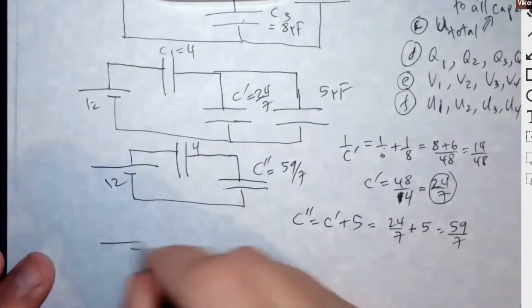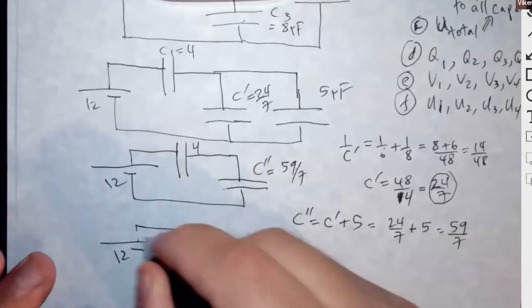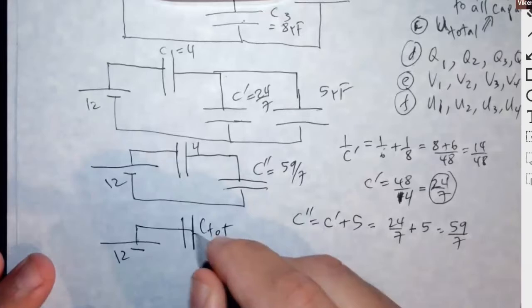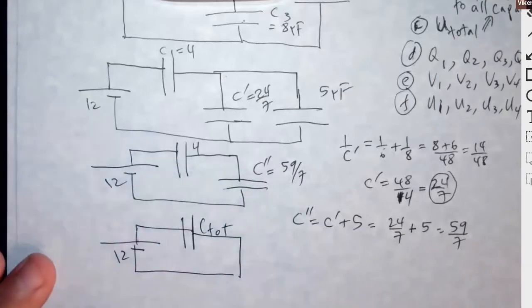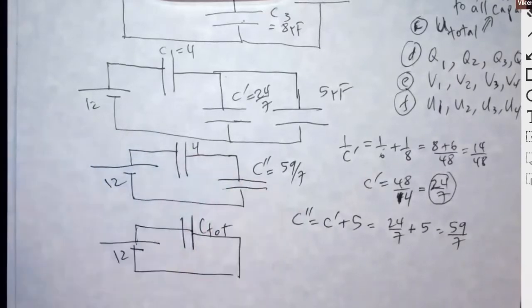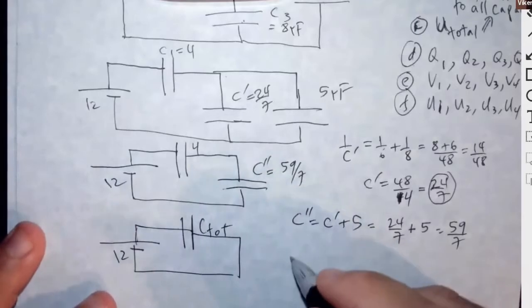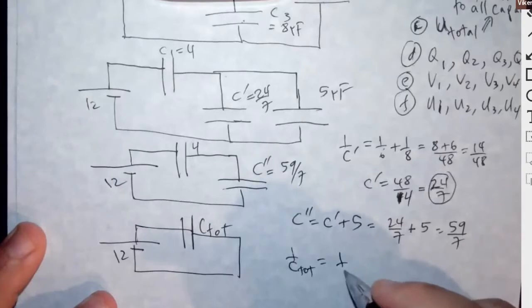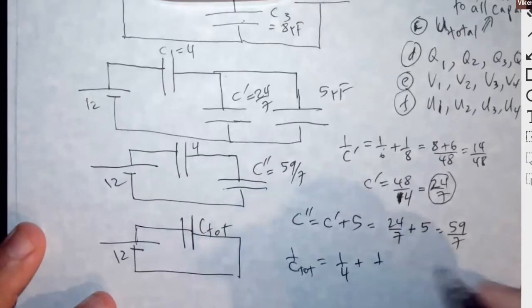So they're going to be in series. So the last step is to call this C total, and then add two capacitors in series. 1 over 4 plus 1 over 59/7.